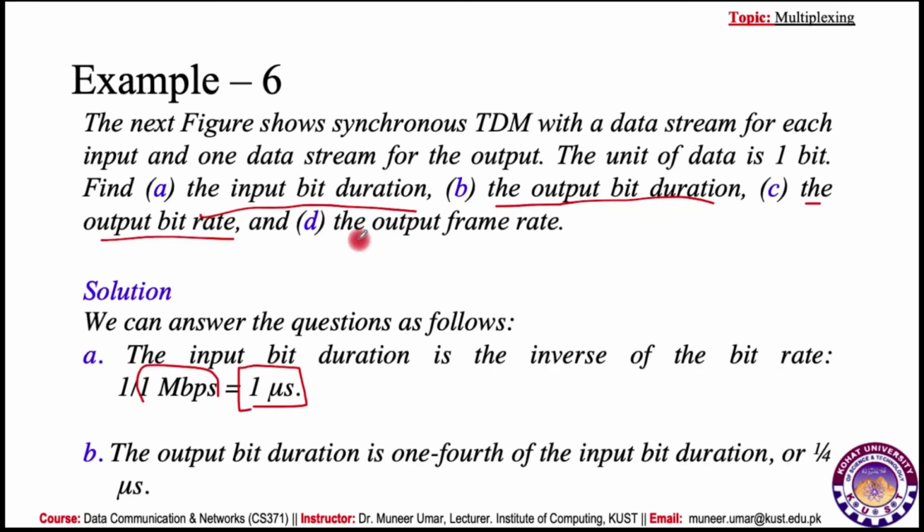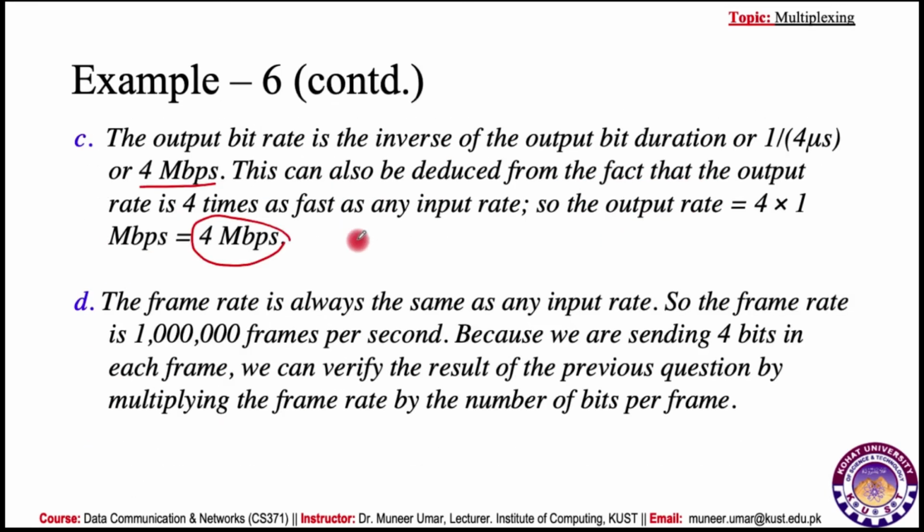Then the last thing is the output frame rate. The frame rate is always the same as any input rate. So the frame rate is 1 million frames per second. We have here 1 megabit or 4 megabits, and it should be 1 million frames per second, because we are sending 4 bits in each frame.